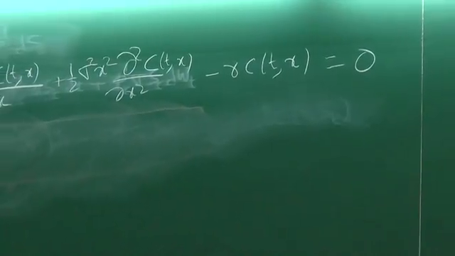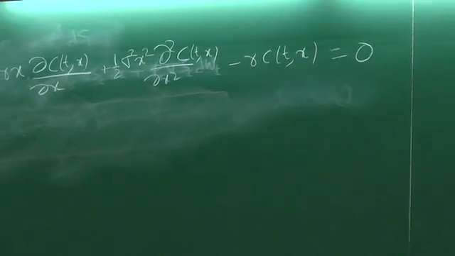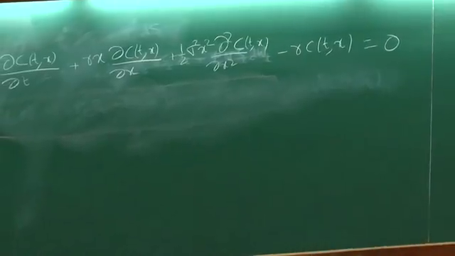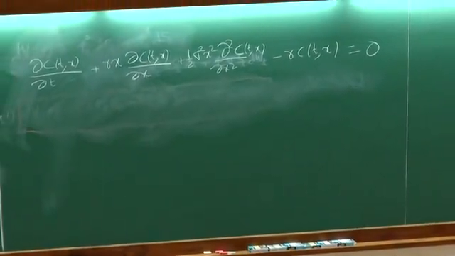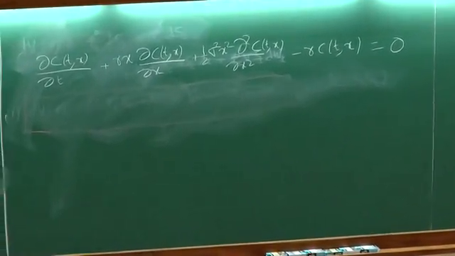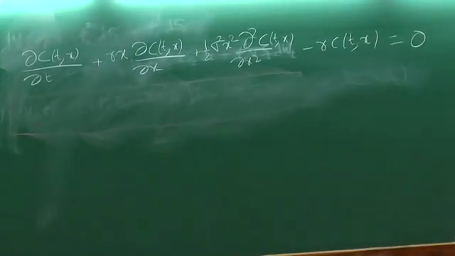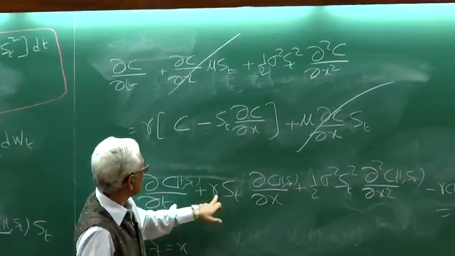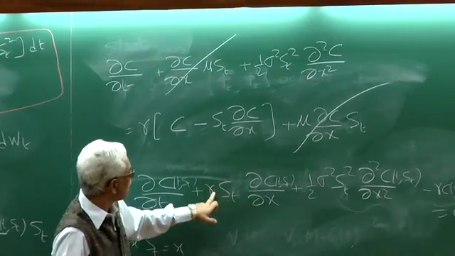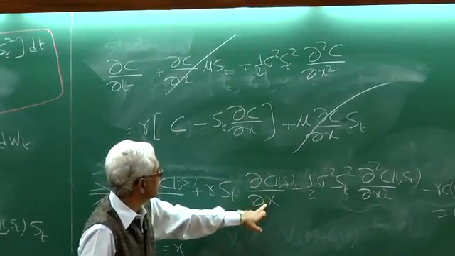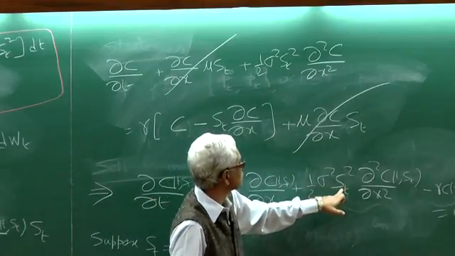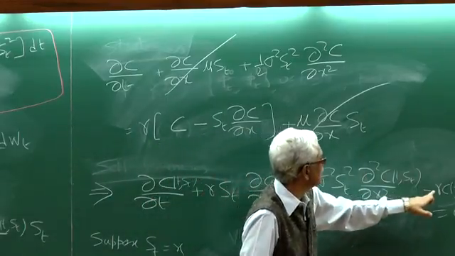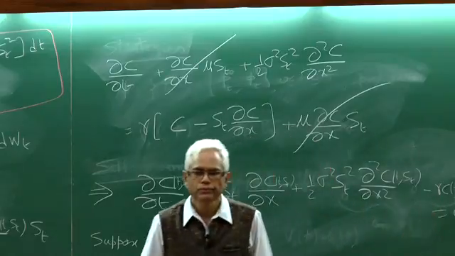Right? I have observed the stock price ST equal to X. If the stock price observed is ST equal to X, what is the PDE? PDE is this, right? R, ST is X, so Rx, del C over del X plus half sigma square X square, del 2 C over del X square minus RC equal to 0, right?